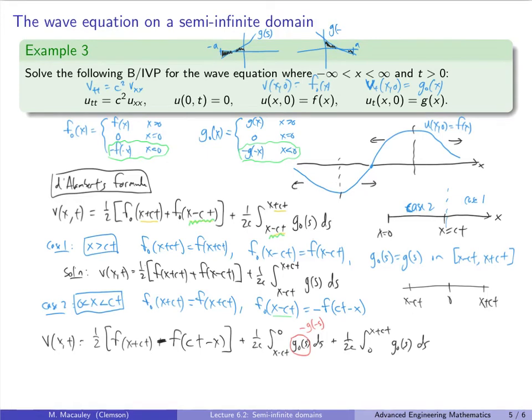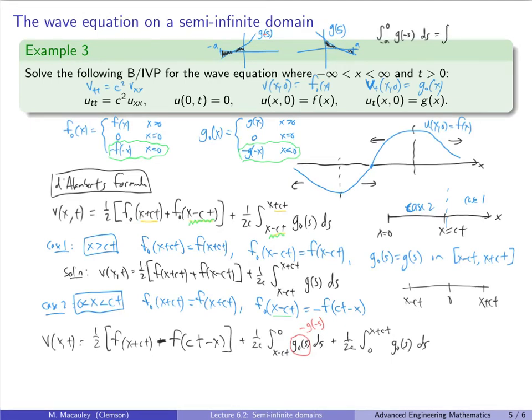Although honestly, let's put the negative in here. It doesn't matter, by symmetry. So I'm going to call this g of s, and that's going to be g of negative s. So notice that if we integrate from negative a to 0, g of negative s ds, that's this area here, is the same as this area here.